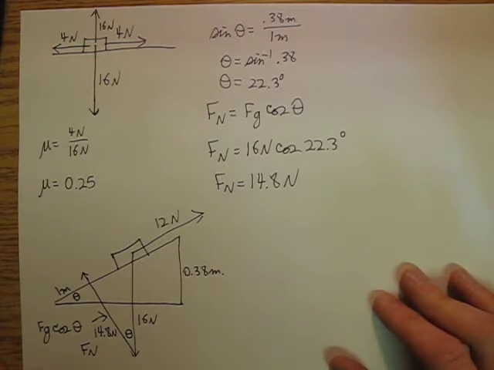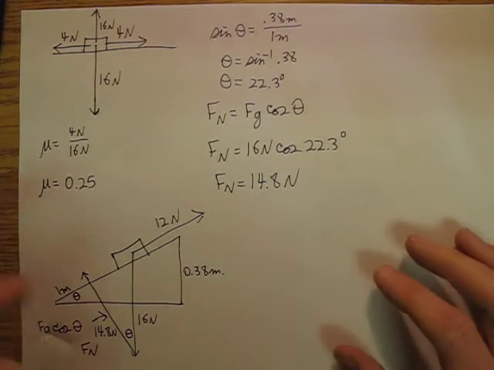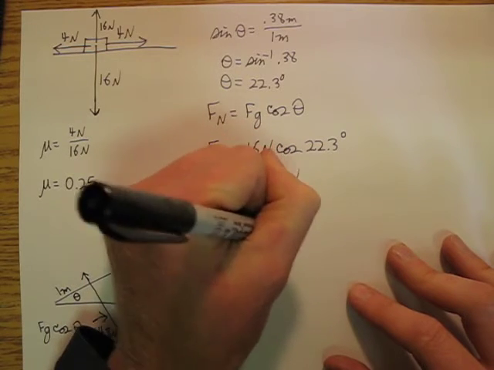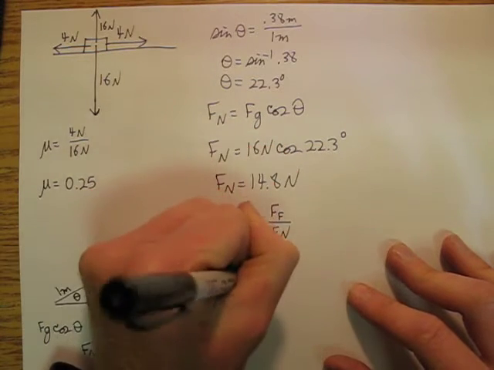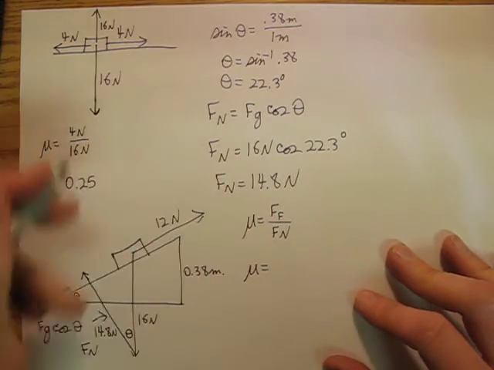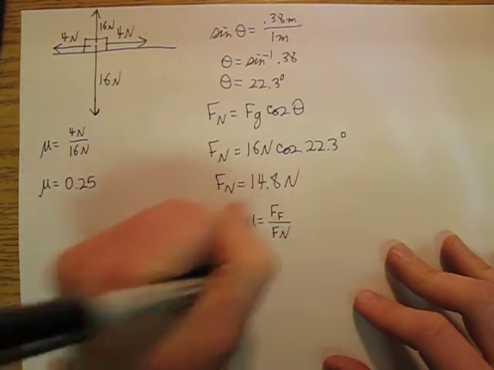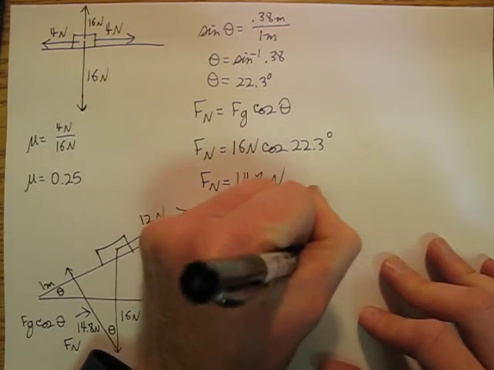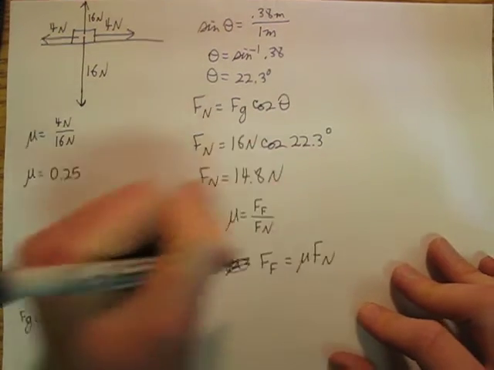Now what we have is mu equals force friction over force normal. I know mu, so force friction is going to be mu times force normal.